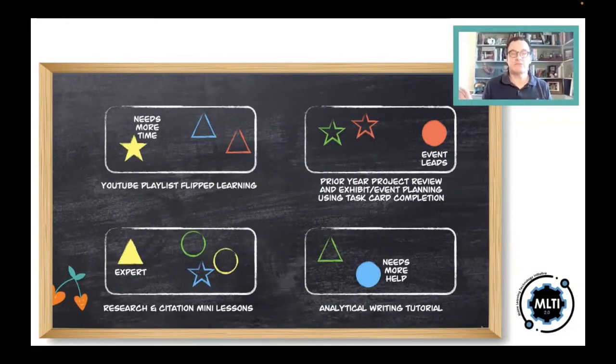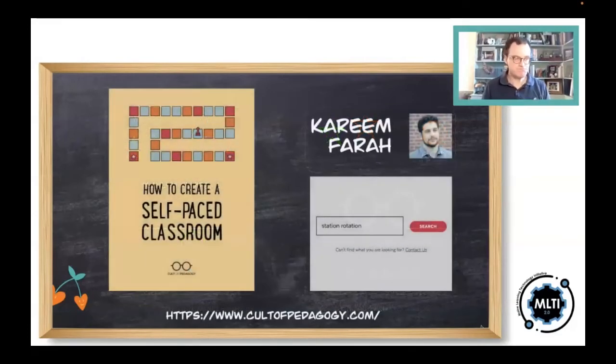Then we have a pair that's demonstrating real strength in organizing the upcoming project. So they might remain at that table for the next series of groupings to do some more research and to share with the incoming people what kind of work is expected of them for preparation. And then finally, someone might stick with the analytical writing tutorial to learn more about that particular skill set that they may need some more support for.